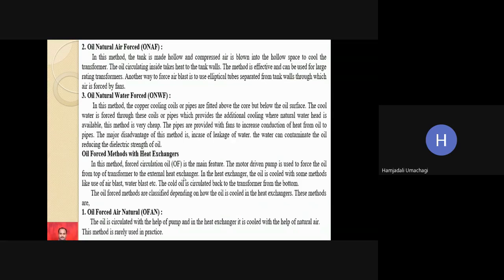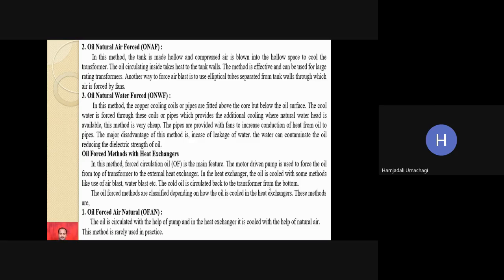To increase the pressure of the oil, we use a motor driven pump, and from the top of the transformer the oil will be compressed and injected, and after carrying the heat, it is sent to the external heat exchanger. In the heat exchanger the oil is cooled with methods like air blast, water blast, etc. The cold oil is circulated back to the transformer.